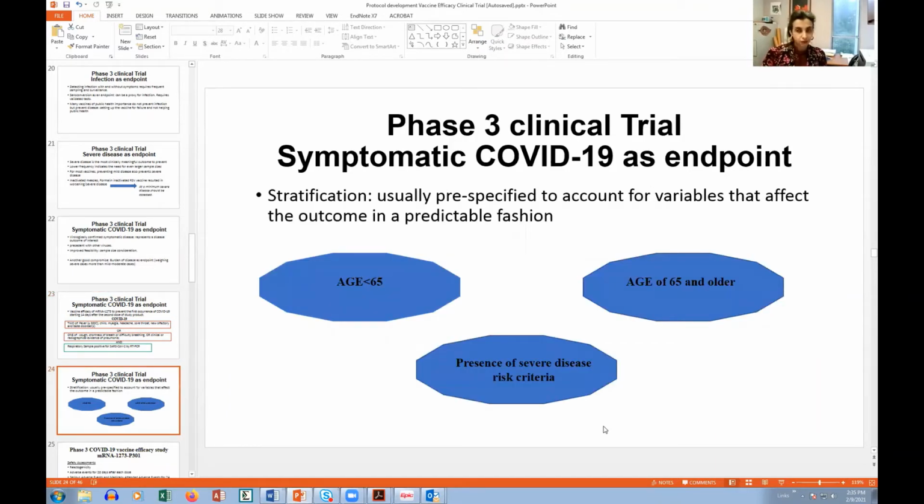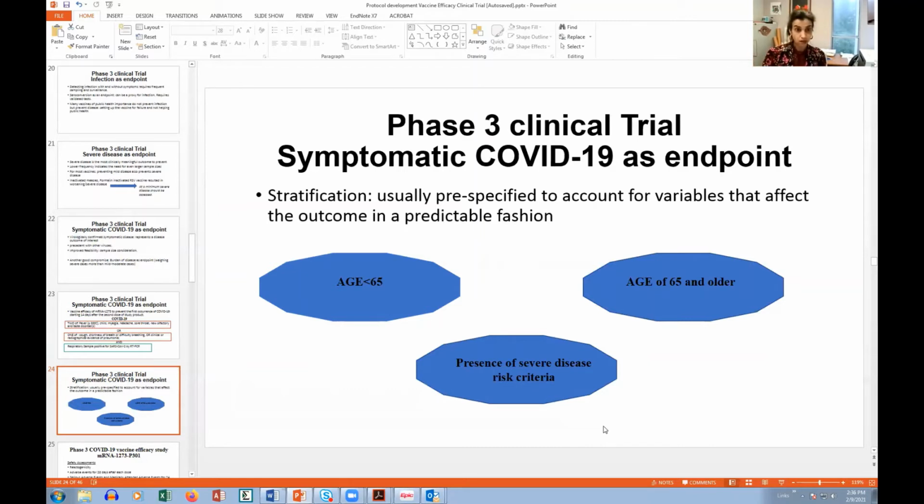But for this and any other trial, the issue of stratification needs to be considered. And we stratify usually on pre-specified variables to account for certain variables that affect the outcome in a predictable fashion. In vaccine clinical trials, it often ends up being age.